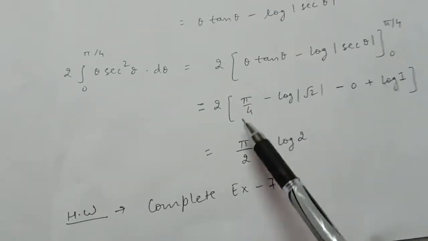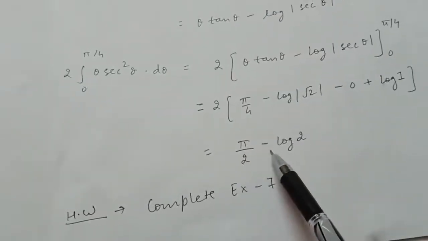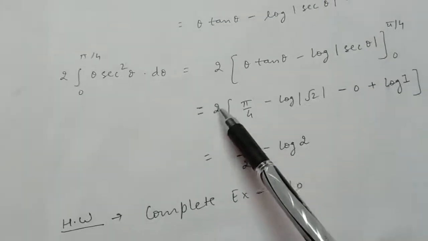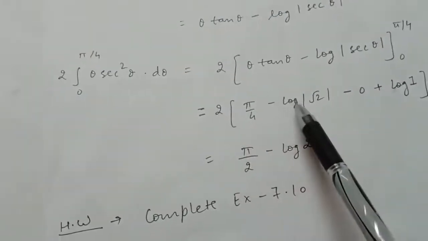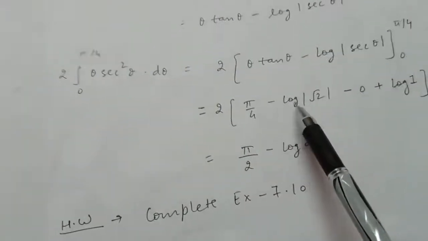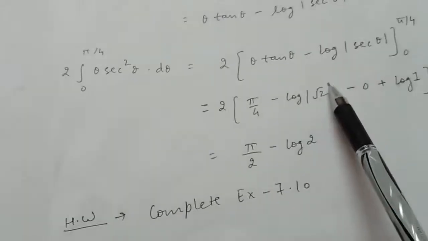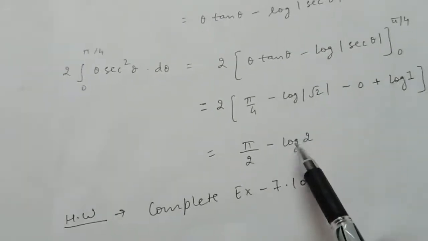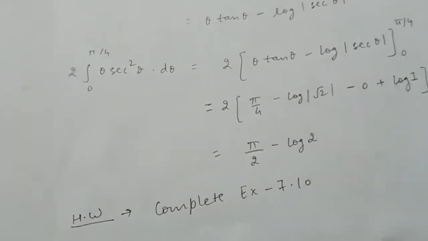So you will get pi by 2 minus, see, when you multiply 2 with this term, this is 2 log root 2, that is log root 2 raised to the power 2. So it will become log 2, right?